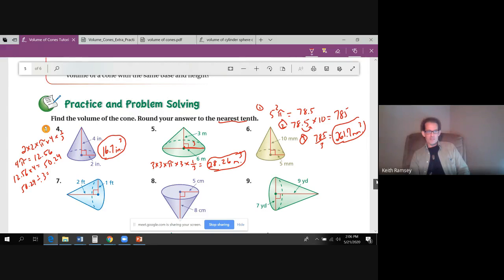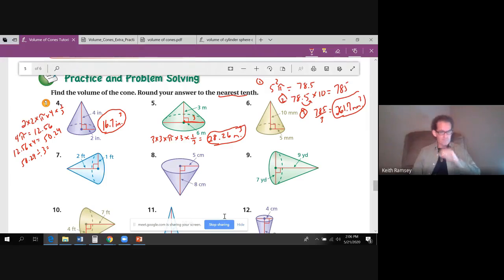Okay, let's look at 7, 8, and 9. So for 7, your radius is 1. That kind of makes it easy. 1 times 1 is 1 times pi is 3.14. So for this one, we can just go straight to 3.14 times the height. So pi times 2 is just 6.28.